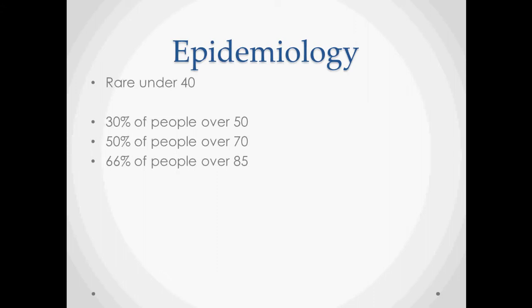Very few people get this when they're younger than 40, and around a third of people over 50 have diverticulosis, and 50% of people over 70 have diverticulosis, and around 2/3 of people over 85 have diverticulosis. So these people are at risk for diverticulitis.